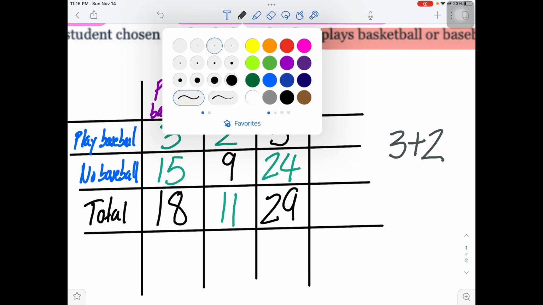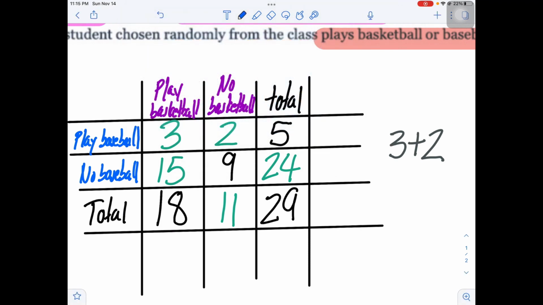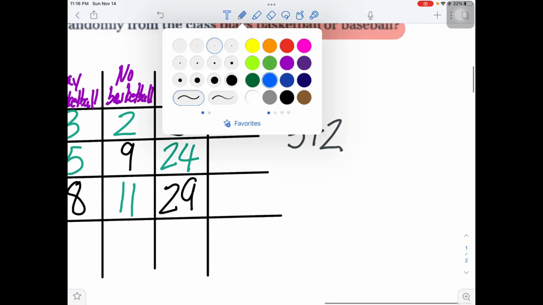Sorry, I'm a stickler for that. Remember, when we did baseball, I already counted these 3 students. So when we're playing basketball here, it's 3 and 15. But these 3 have already been counted, so I'm not going to count those again. I'm going to count these 15 kids right here.